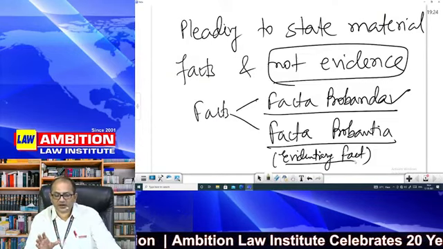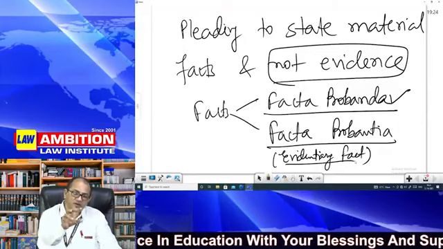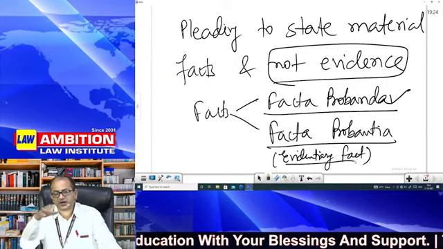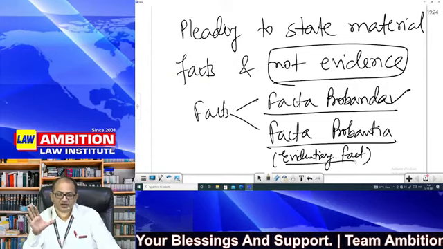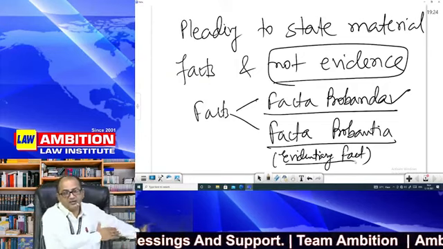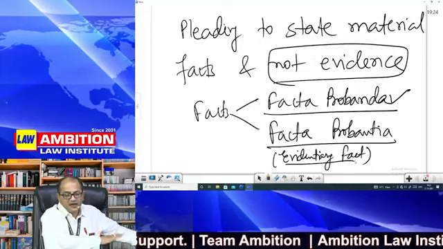What was that contract all about? When it was entered into, what was promised and how it was breached. That's all. You don't go into the background of the contract. That is not required at all.